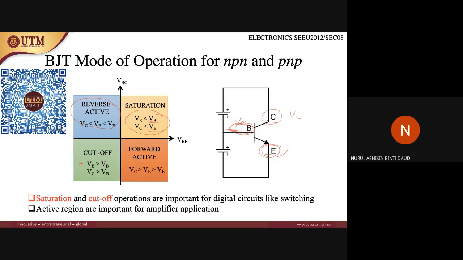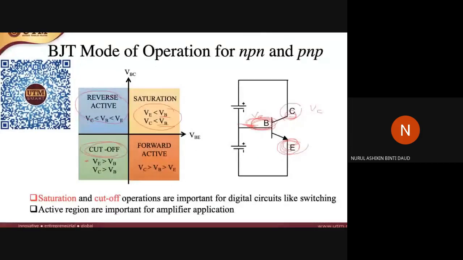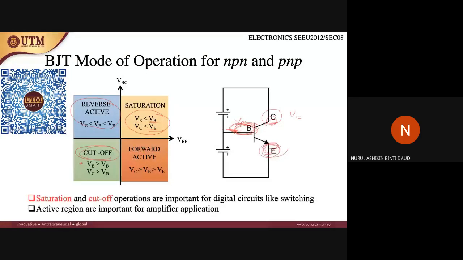It means that at these two junctions, the voltage is bigger compared to the value at the base, so the transistor is in cut-off mode. Cut-off mode means the transistor is not operating; it is in an off state.